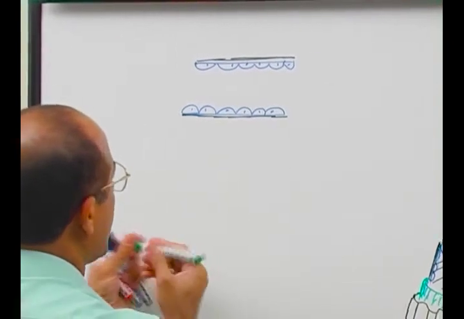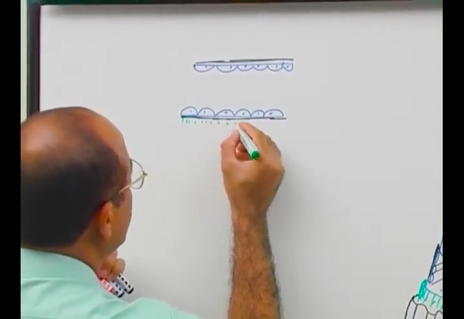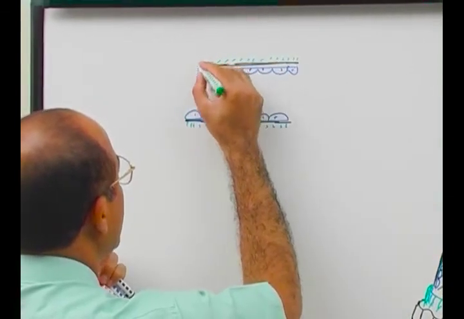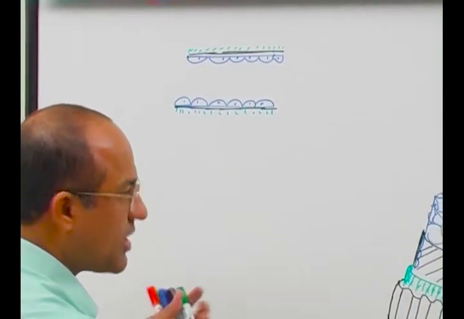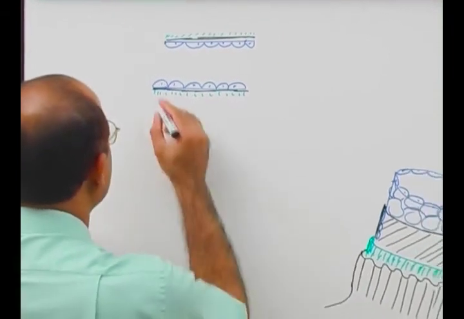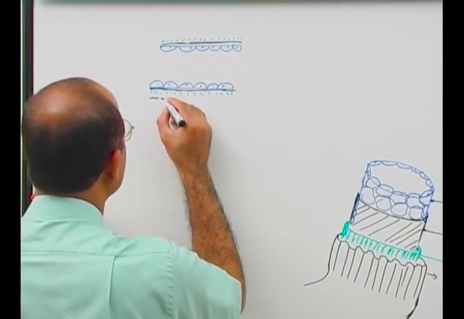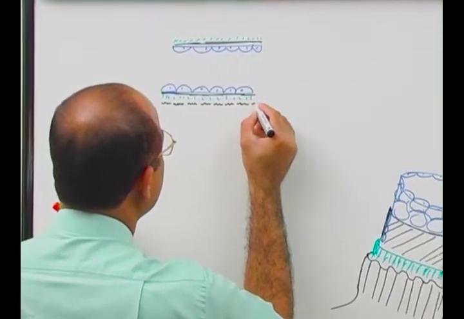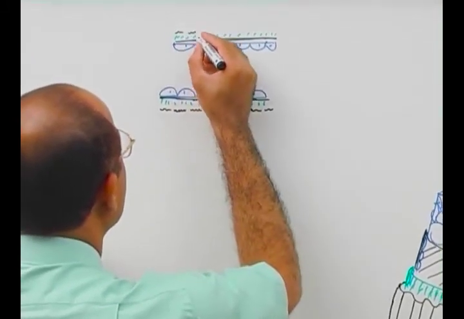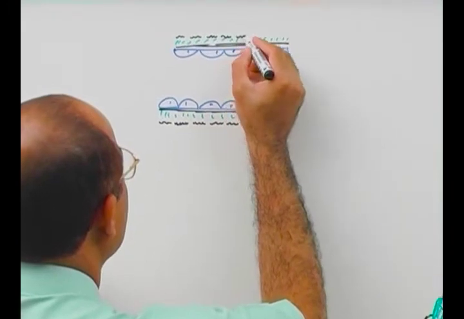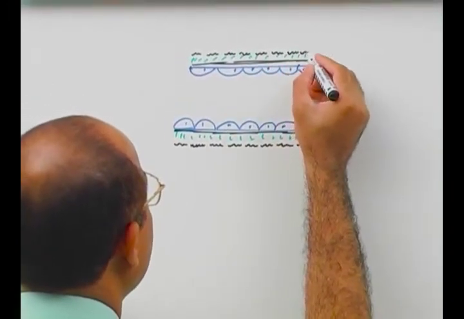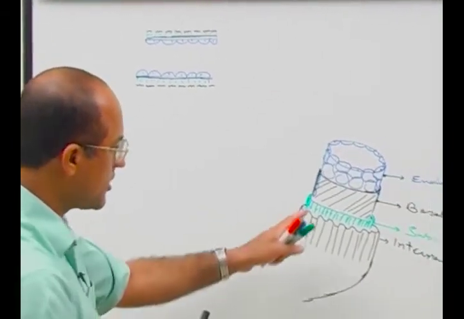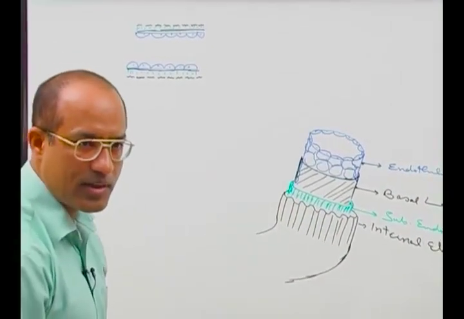Under that, what is this? Subendothelial connective tissue. Under that, what is this? Internal elastic lamina, or internal elastic membrane.